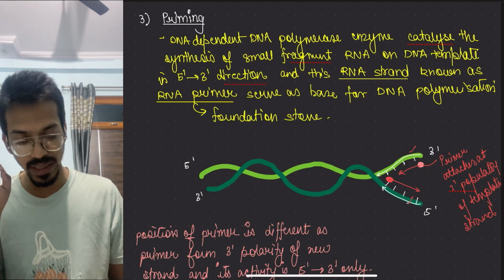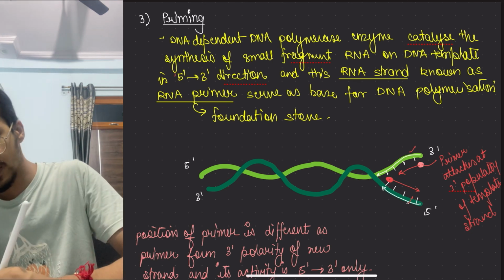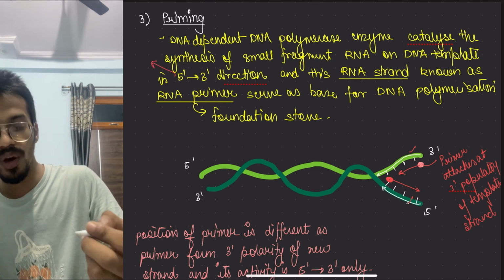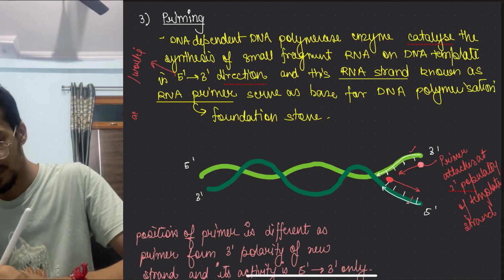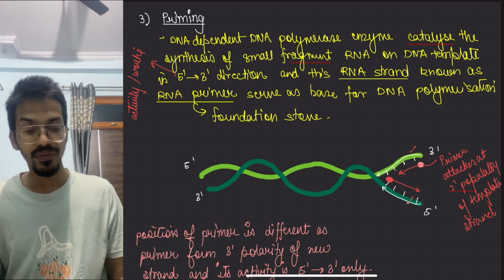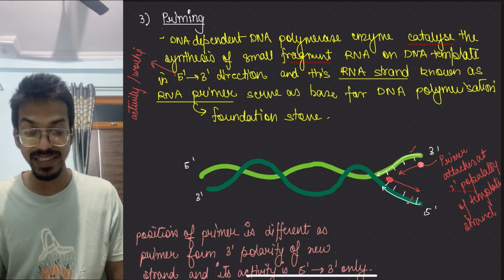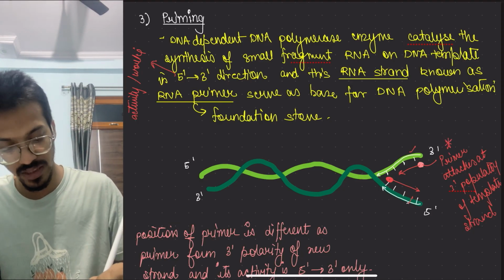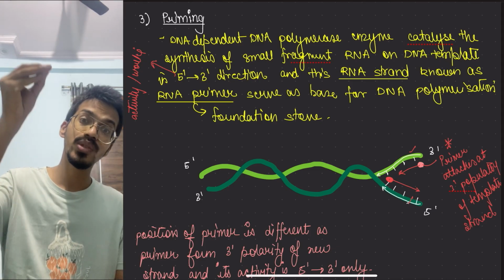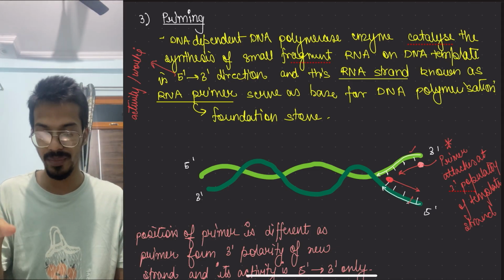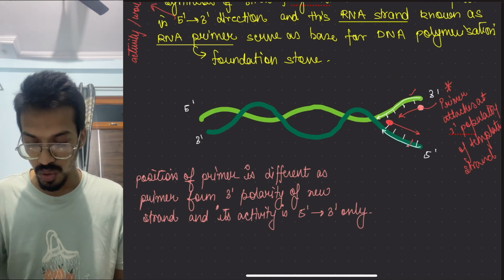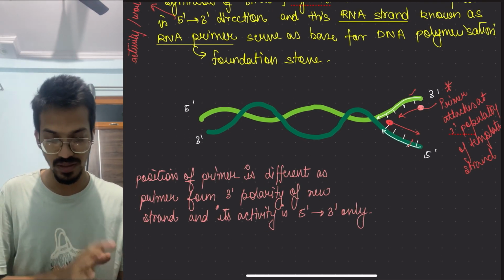So primer movement, it's basically formation, working, activity in this direction, forming. But it goes and joins at the 3' ends. This is important. If you are able to stick to that, you are able to find which is forming what from here. So the position of the primer is different in these two.